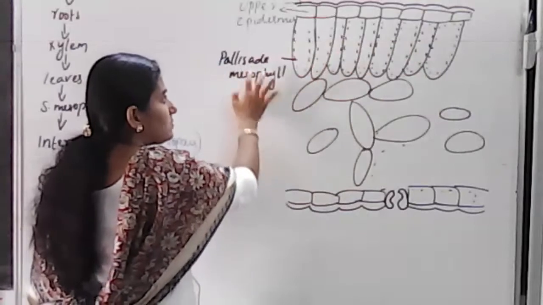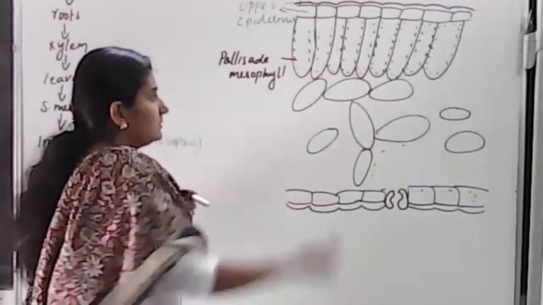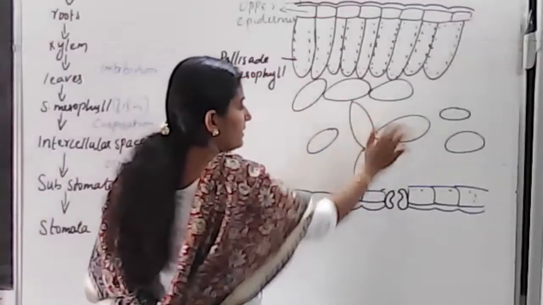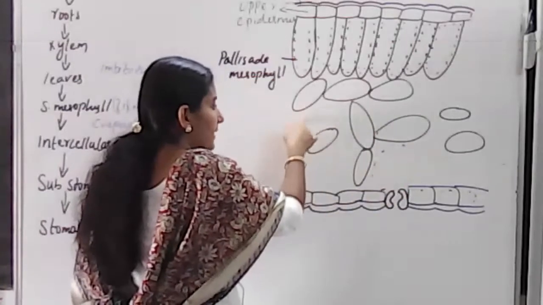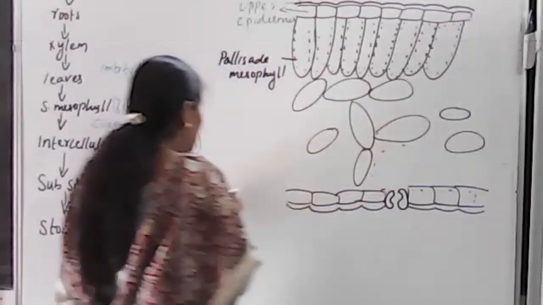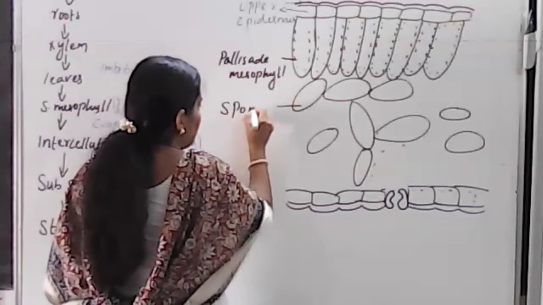Such type of cells you call palisade mesophyll cells. Then comes a free space here. Intercellular space will be there. In between that space, you can see certain cells with a lot of intercellular space. Such type of cells you call spongy mesophyll cells.